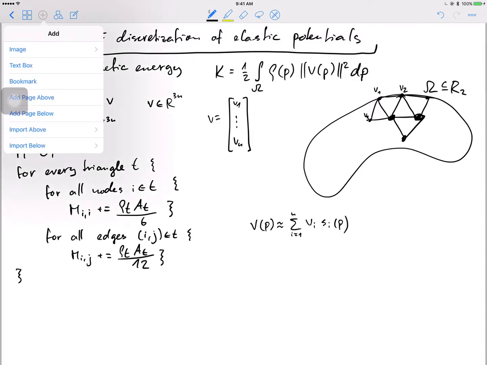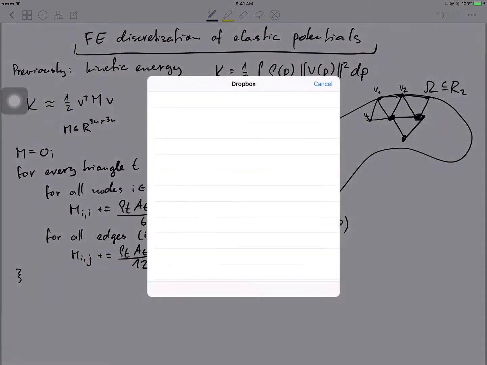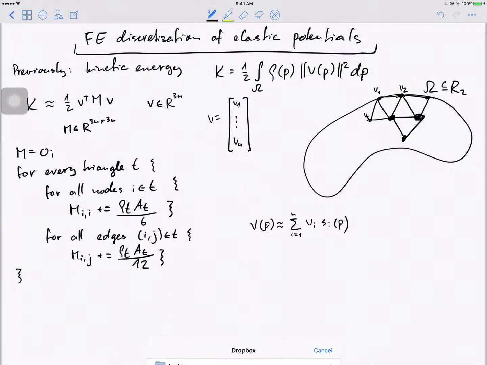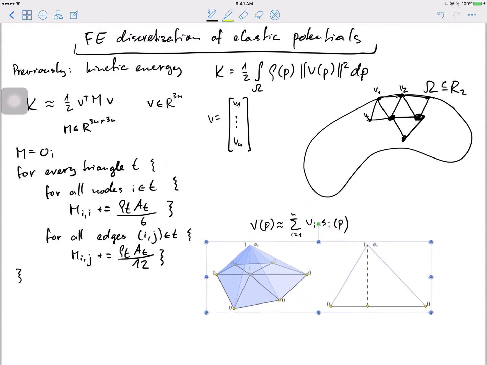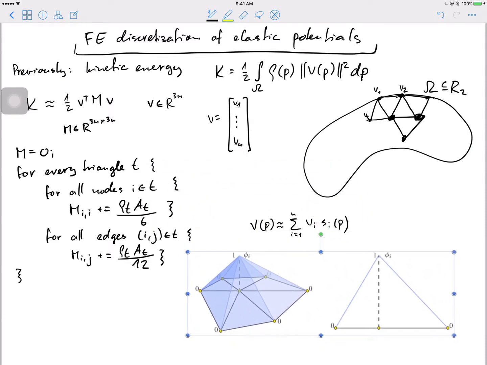Let me bring up the image, which I had somewhere. See if I still have it here. That's how the shape functions look. This was our Si, where i is this vertex over here. All the remaining vertices have 0 there. Those are the piecewise linear shape functions, sometimes also known as hat or tent functions, because that's how they look.